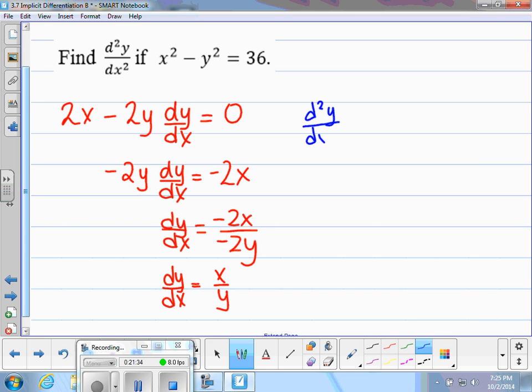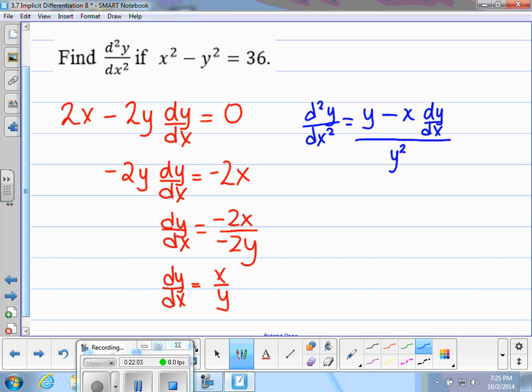Now, my second derivative, d2y over dx squared. Okay, so my second derivative is going to be the derivative of x divided by y, which is a quotient rule again, right? No big deal. So v times u prime, which is 1, minus u times v prime, which is 1 dy dx, divided by y, or v, squared, right?